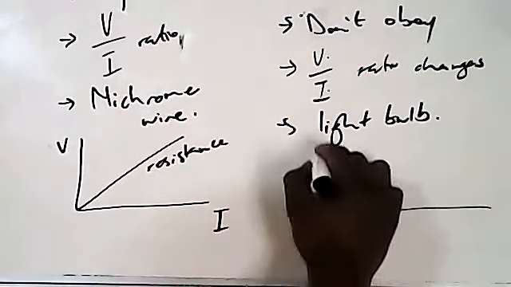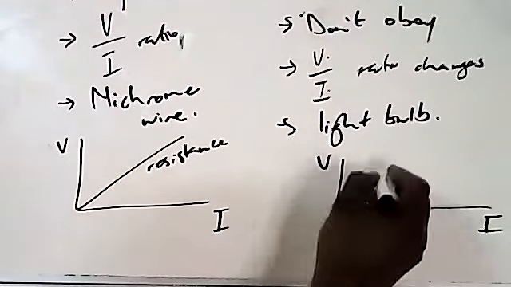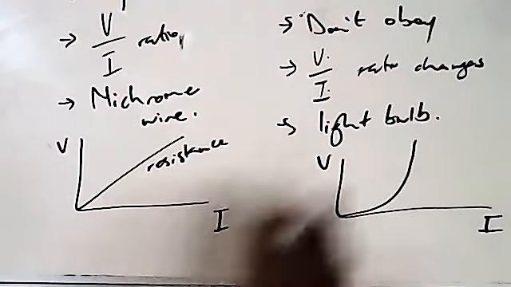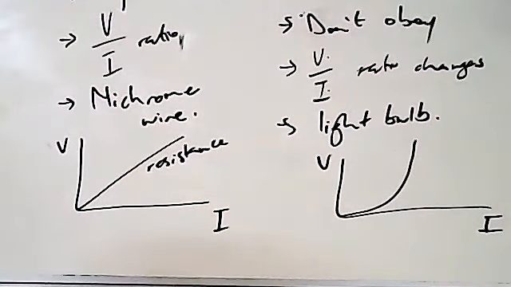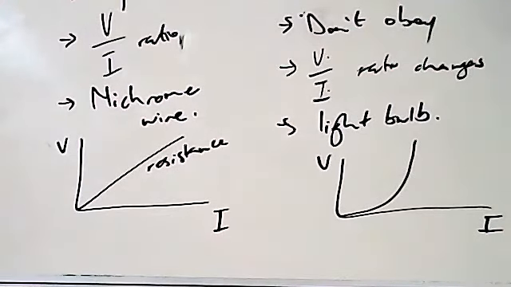But for the other one, the graph will not be that straight. It will be kind of exponential. So what I'm basically saying is that when you have the graph of voltage versus current, the gradient represents the resistance. I hope that makes sense.